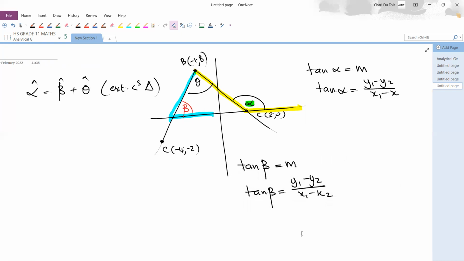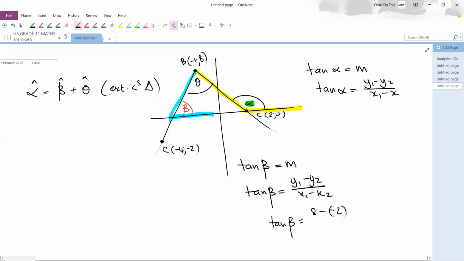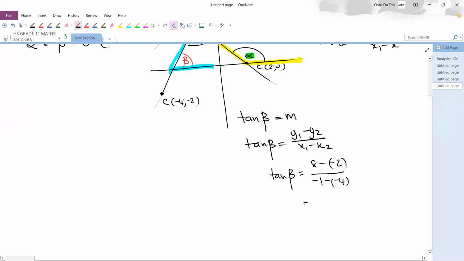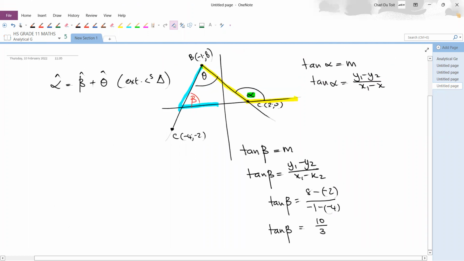For beta, it's 3/10. Okay, I just want to fill in the values. You did 8 minus 2, the y's, and the x's are minus 1 minus 4. So I've got 10 over 3. Okay, I did y2 minus y1, so that's how come it's off.